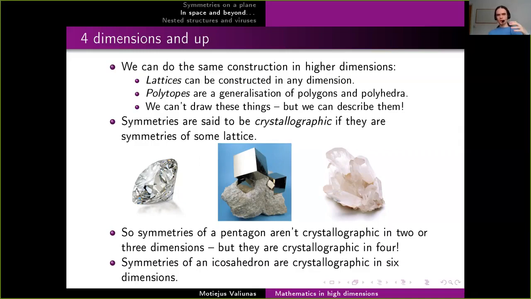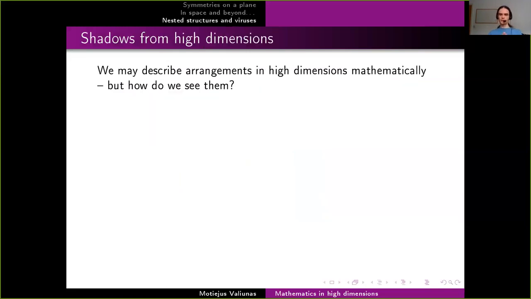Okay, so we can describe these things all we want, but the question is, how do we see them? So imagine we have some 4-dimensional object with symmetries of a pentagon. How do we see that it actually has symmetries of a pentagon if we cannot draw this?